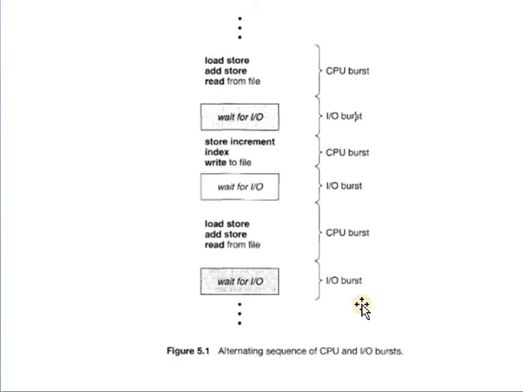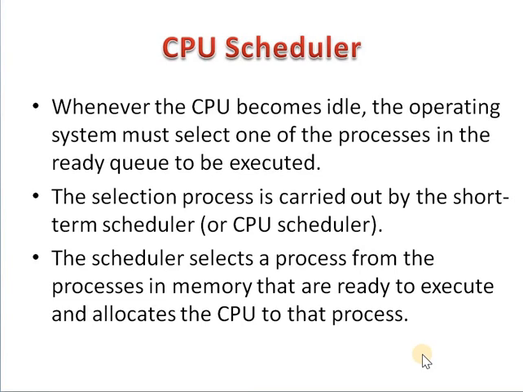Whenever a system requests to terminate the process execution, then the final CPU burst occurs. This is an alternative sequence of CPU and I/O bursts. Next we will see what exactly the CPU scheduler is.